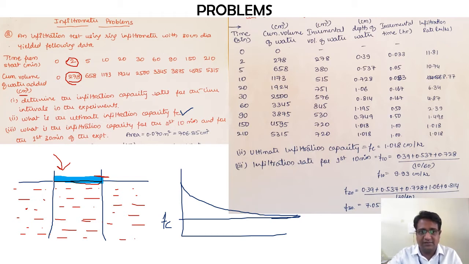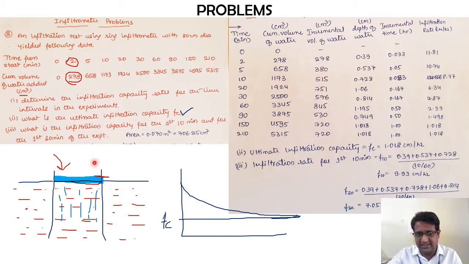As the water starts to percolate, the water level in this section will go down, so they add more water to maintain it at the same level. For the first 5 minutes cumulatively they have added 658 ml of water. Similarly, for the first 10 minutes they have added 1173 ml of water.